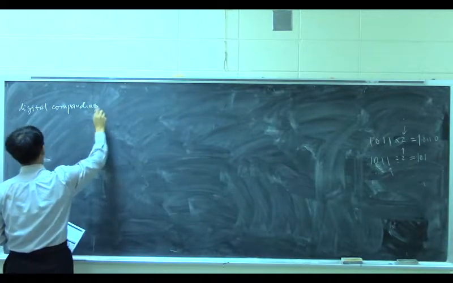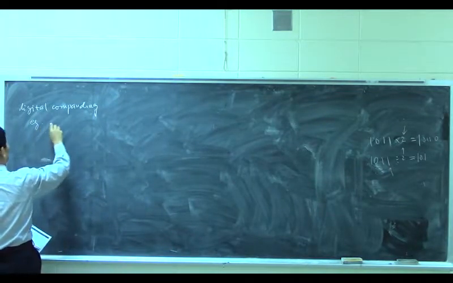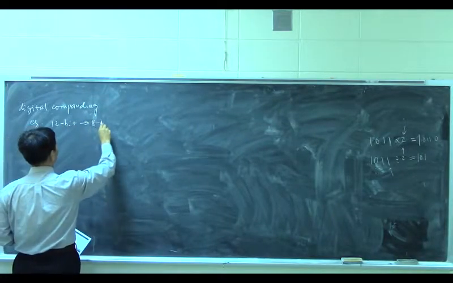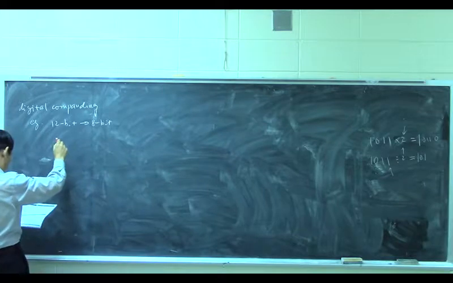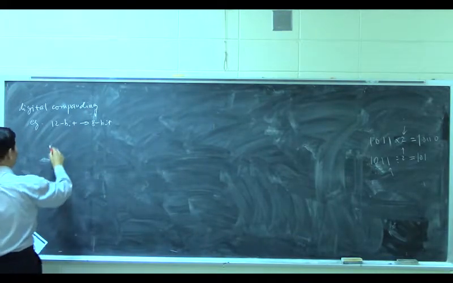Today we are going to discuss digital companding. For example, we can use 12 bits and then reduce to 8 bits, which will reduce the line transmit rate.